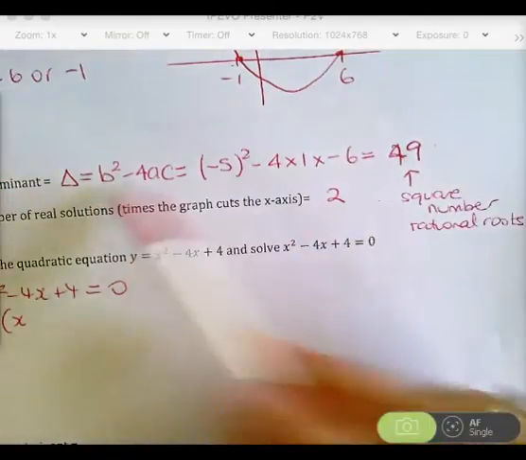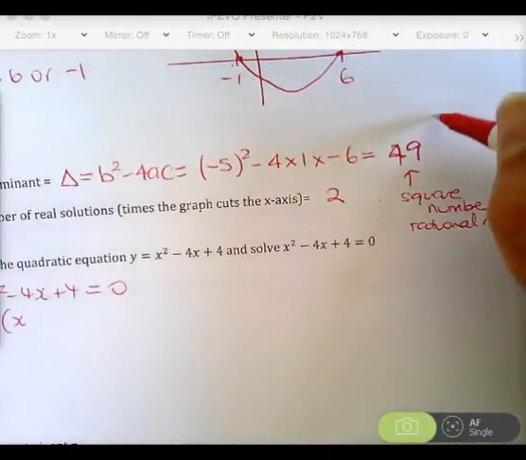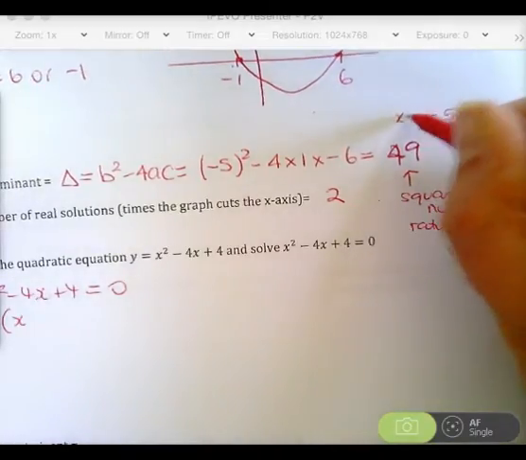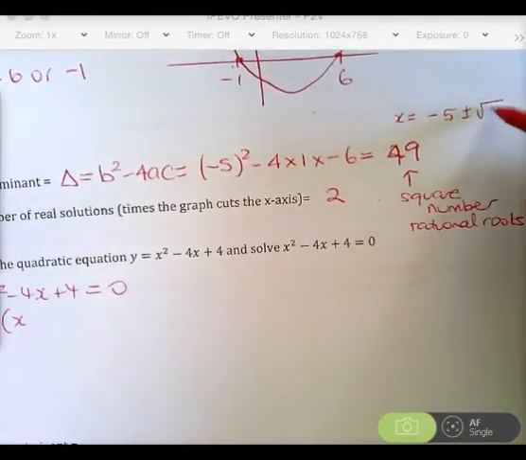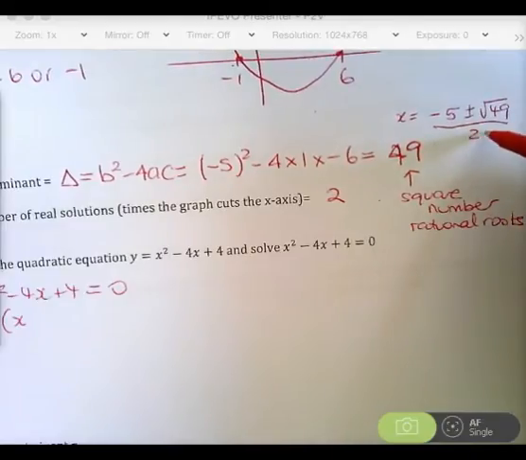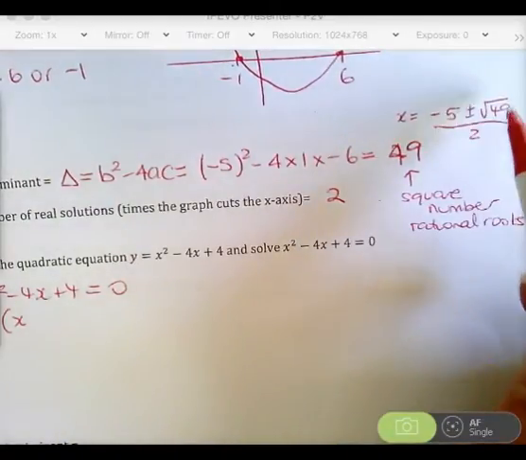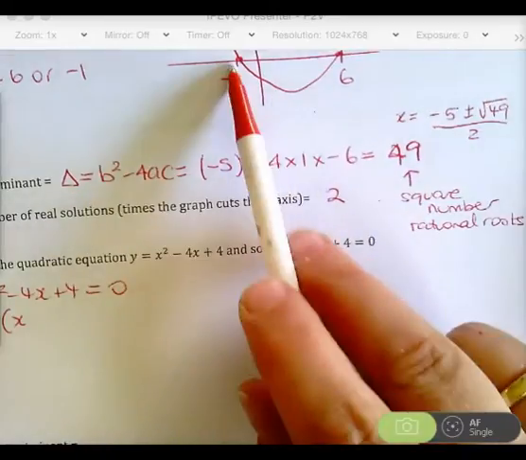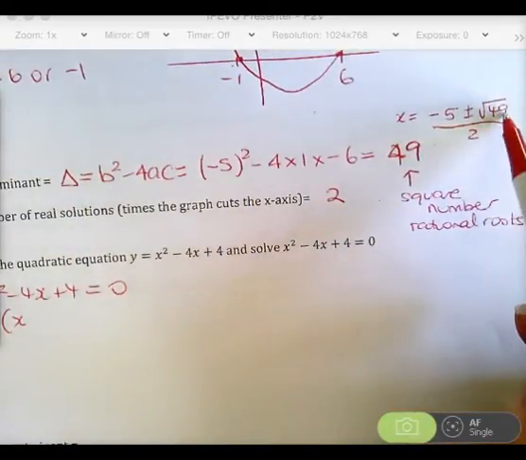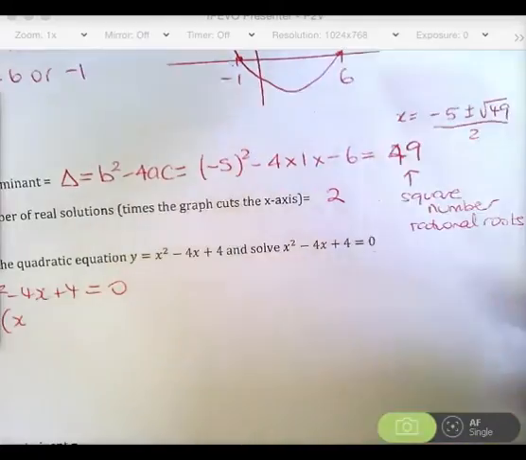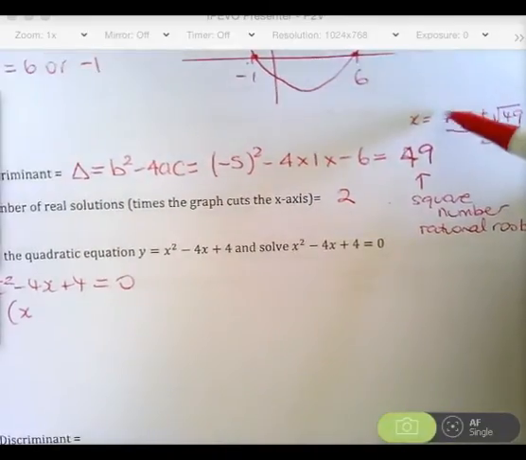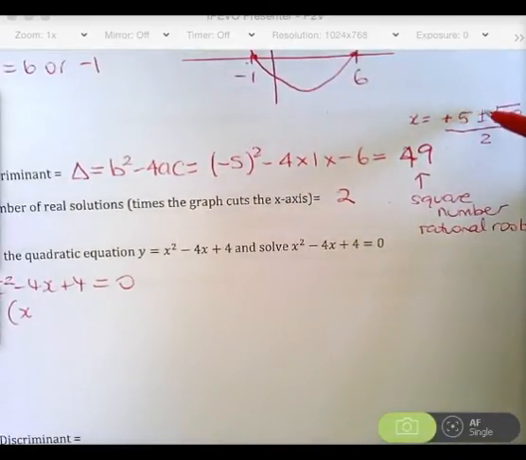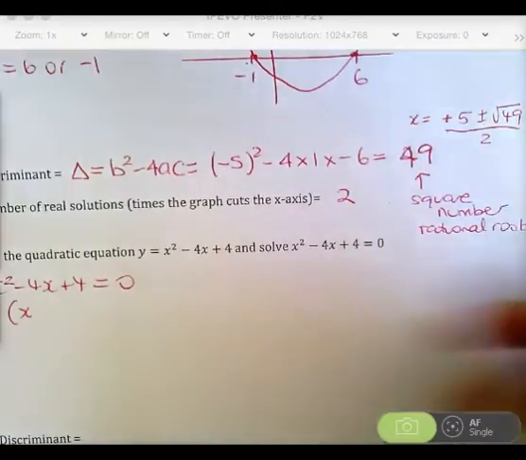So your roots are x equals negative b, which is 5, plus or minus 7 over 2 times 1. 5 plus 7 is 12 over 2, which is 6. 5 minus 7 over 2 is negative 1.